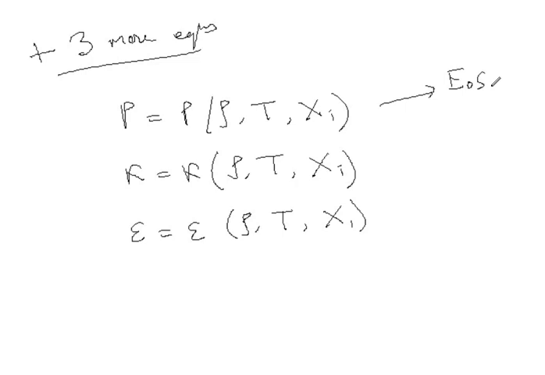Note that each of these functions will depend on the composition through the element abundances and the ionization states of each element in the gas, and we parameterize this using the mean molecular weight, right? We have talked about this previously. Okay, so what do we have?